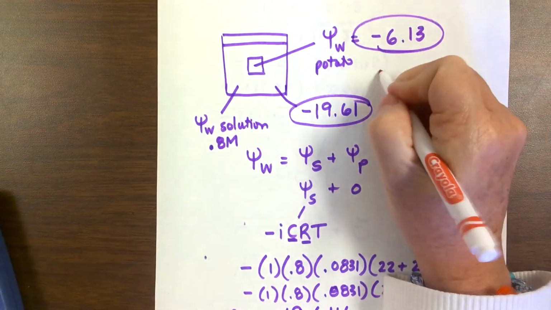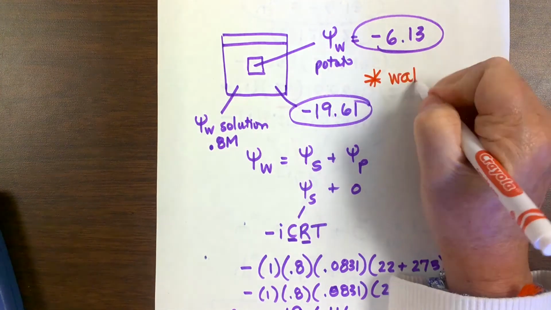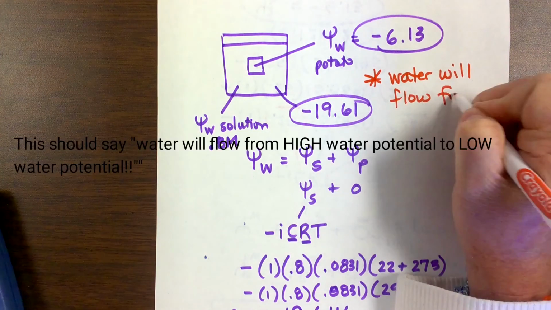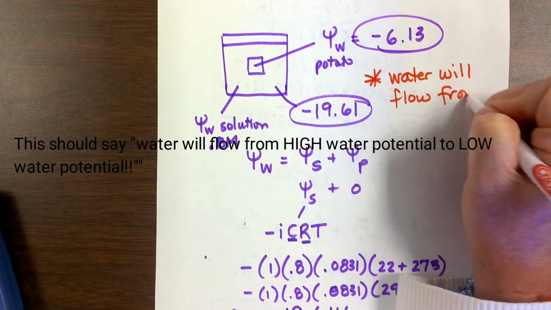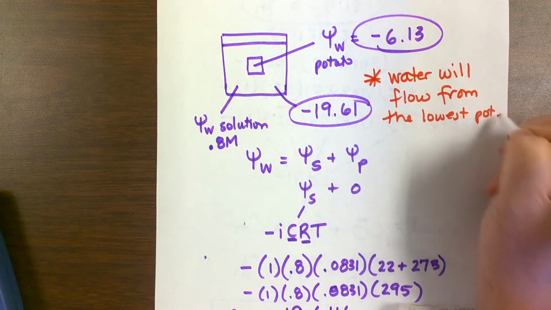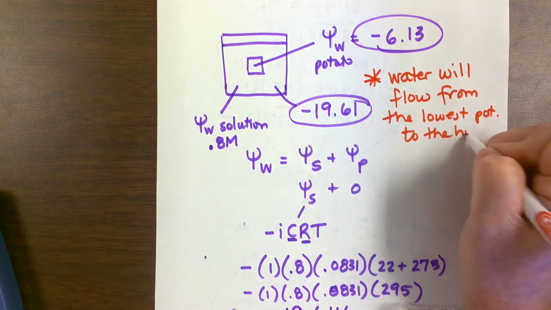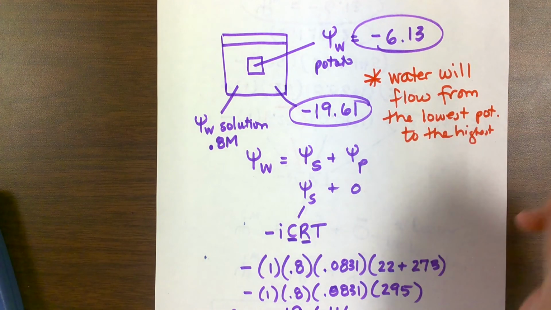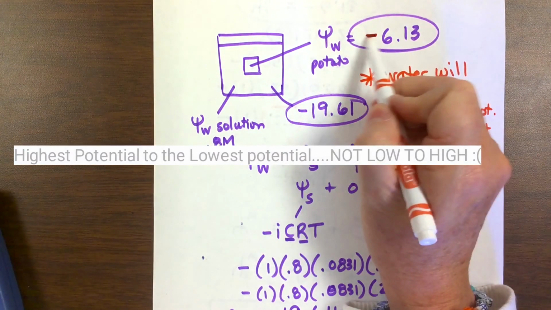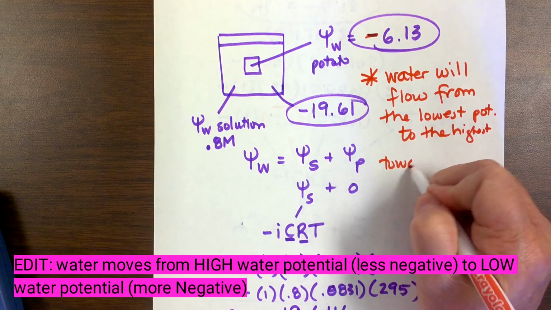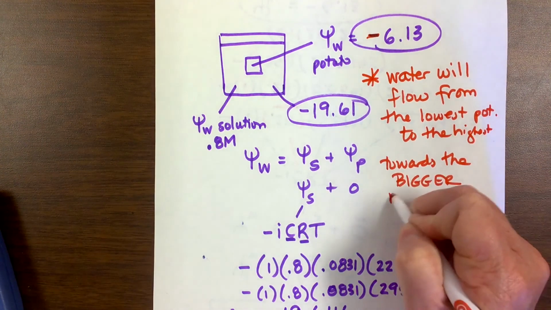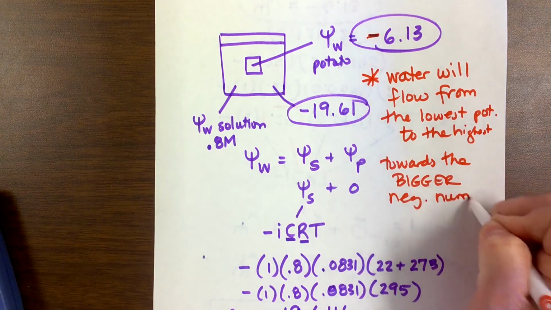This is very important. Water will flow from the lowest potential to the highest potential, in the sense that it goes towards the bigger negative number.